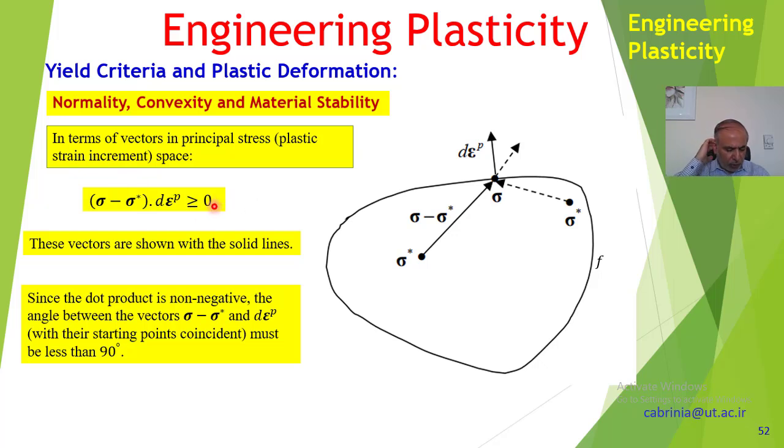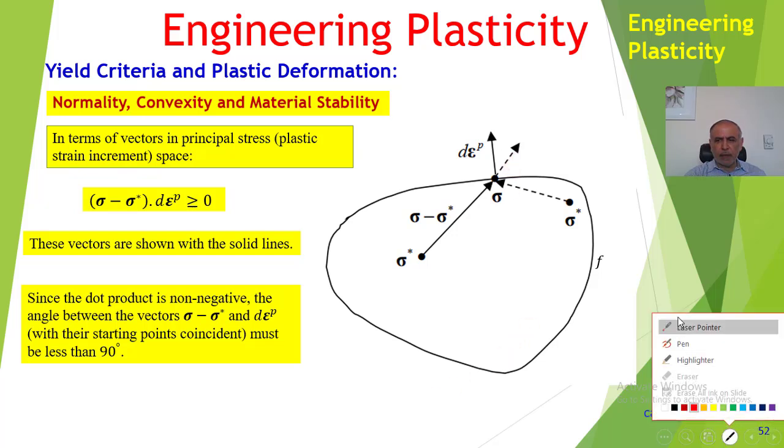Now, of course, dot products are positive if the cosine theta is positive. And what is cosine theta? If we continue this vector and put the beginning of this vector here, then we get the angle between these two, which is theta. If the angle between these two is smaller than 90, this is positive. If it is greater than 90, then it is negative.